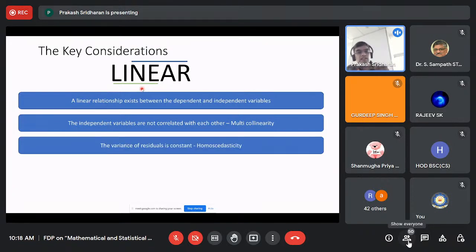Now, the next key consideration is that the variance of residuals is a constant. The term that we associate with this is homoscedasticity. Here we are talking about the variance of the residuals. What are residuals?